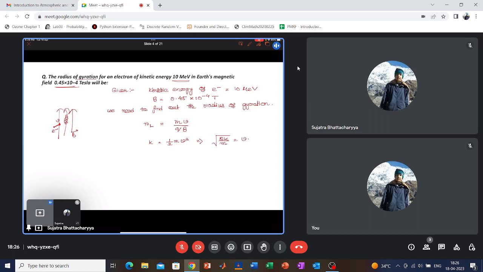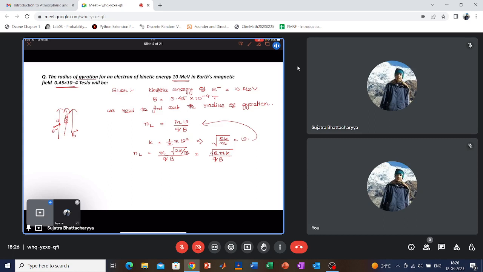Just substitute this expression here. Therefore, RL will be equal to m root over 2K by m divided by q into B. Therefore, we get root over 2m into K divided by q into B. This is the final expression in terms of kinetic energy and the radius.